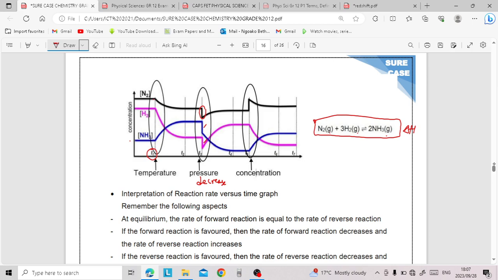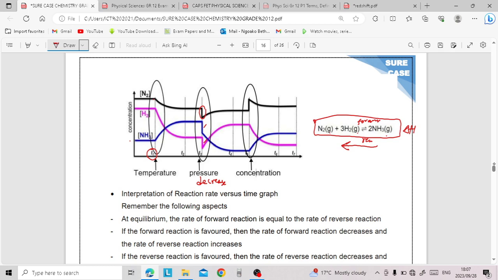In other words, we have the forward direction with the top arrow, and then the reverse reaction with the reverse arrow. The direction moving towards this side, the reverse direction in this case, will be favored.